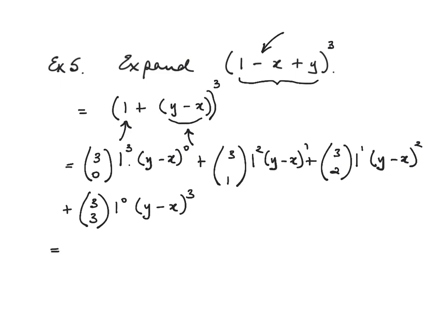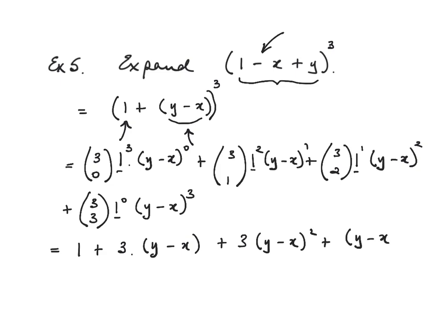So this whole first term is just 1. 3 choose 1 is 3. All of these powers of 1 just give us 1. So we just then have 3 lots of y minus x, plus 3 times y minus x all squared, plus y minus x all cubed.